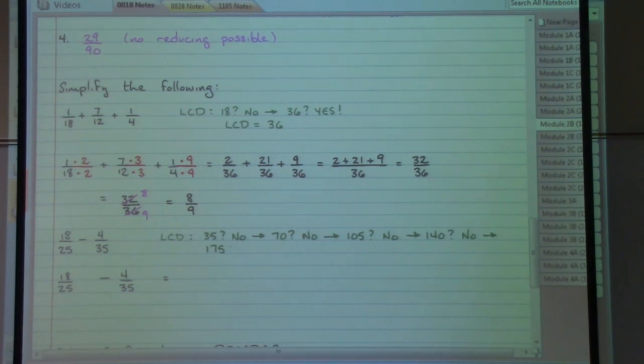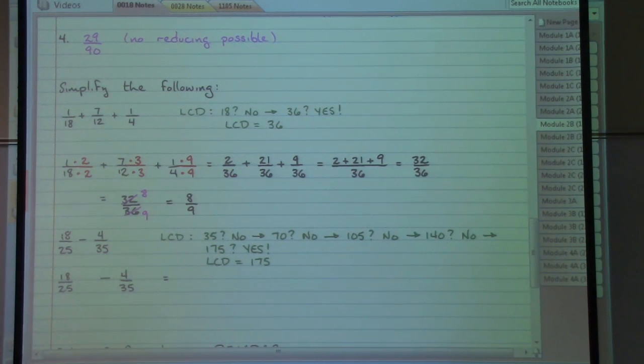And 5 times 35 gives us 175. 25 does go into that. So we have a least common denominator of 175. So we need both of our fractions to have a 175 showing up in the denominator.